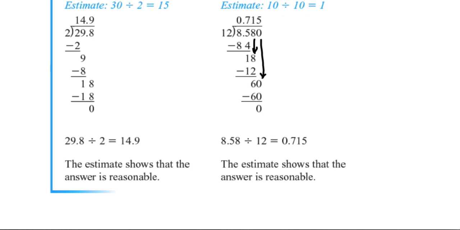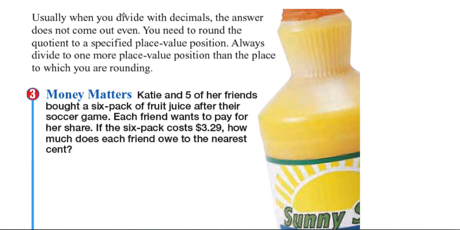And the last example. Let's take a look at this one. Usually when you divide decimals, the answer does not come out even. You need to round the quotient to a specified place value position. Always divide to one more place value position than the place to which you are rounding.